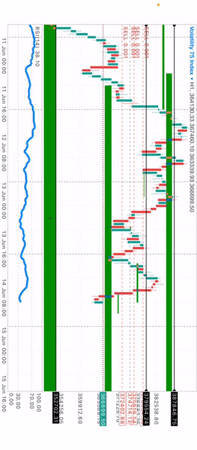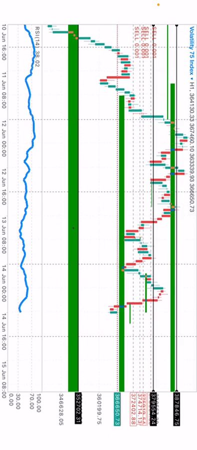Short term sell, short term correction for buy. We have identified our levels.